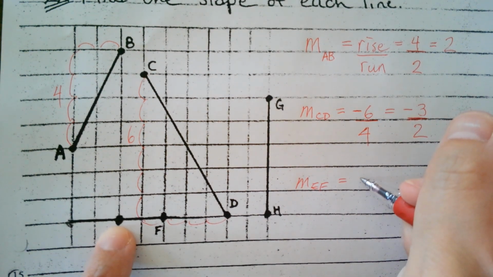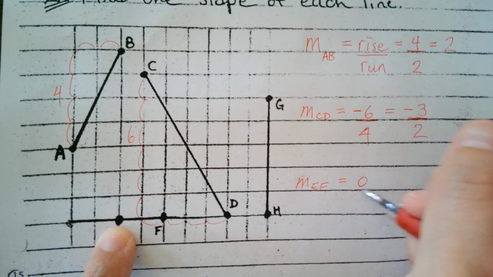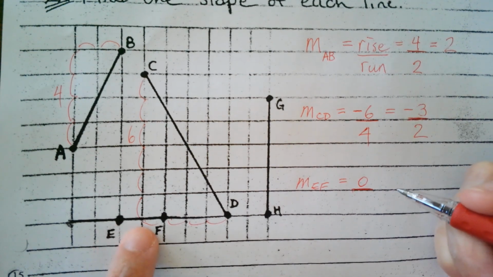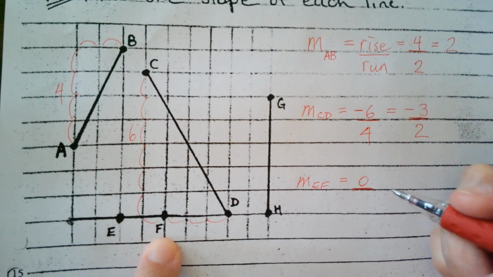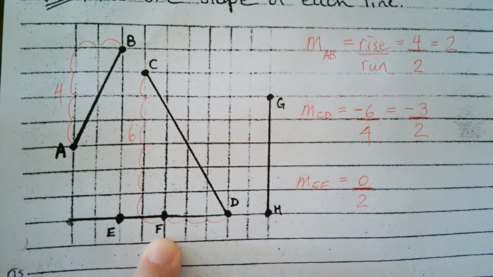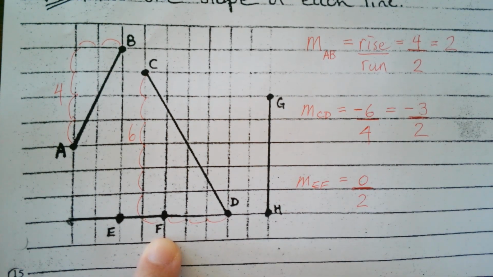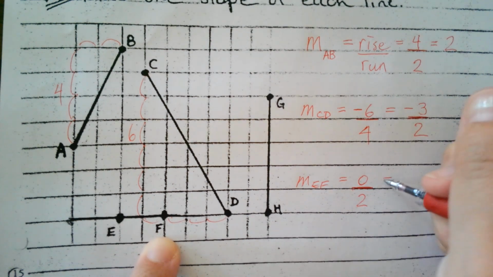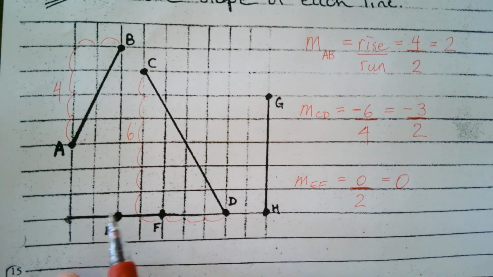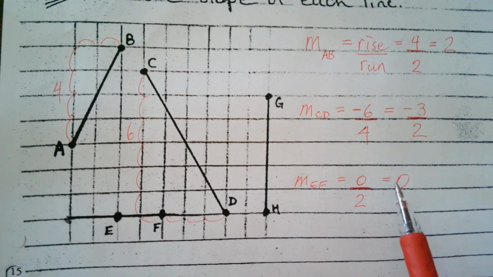So I'm not going up or down the elevator. So what should my rise be? 0. And then she realized, oh, Frank is just 2 units over. Right, so 0 over 2. And what is 0 over 2? 0. Which is what we said. Horizontal lines have a slope of 0.